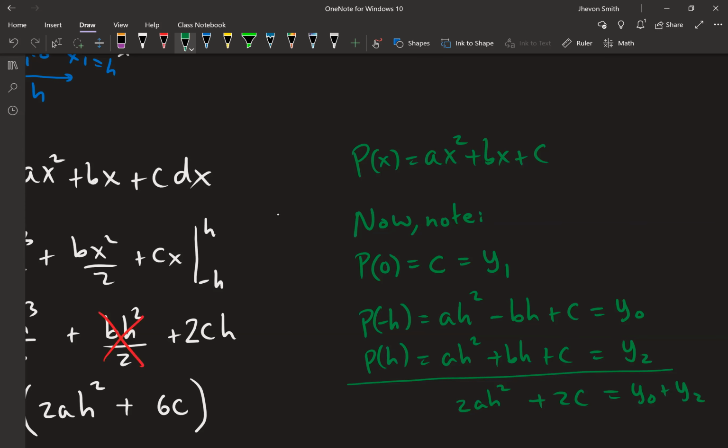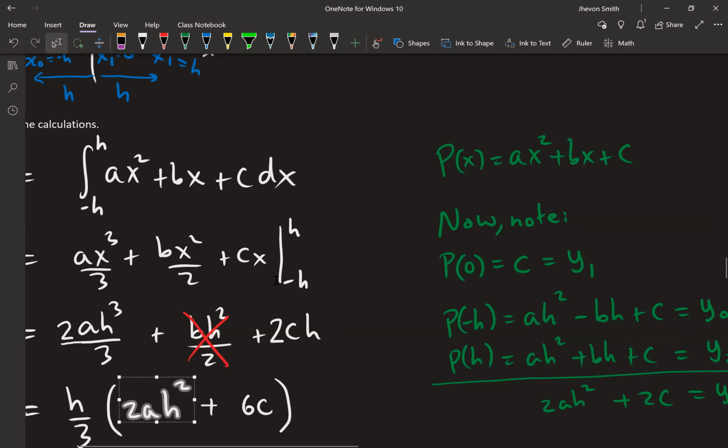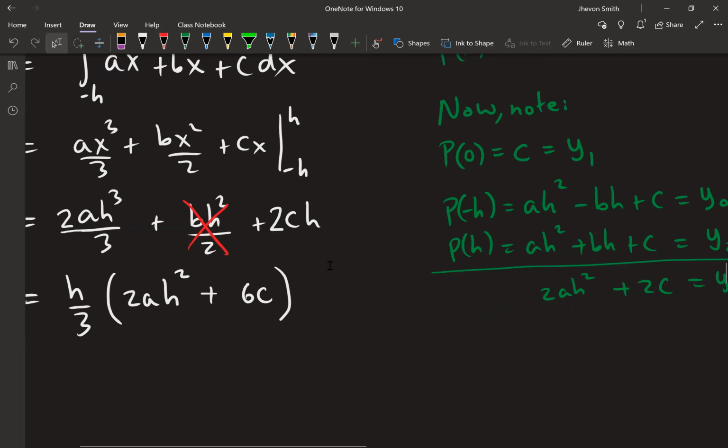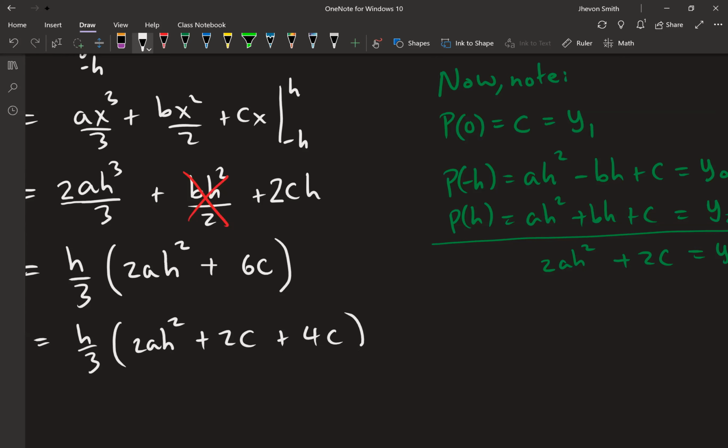So it turns out that these guys are going to actually be useful. And now you're seeing why this 2ah squared right here is going to be important. So now, here I have h over 3 times 2ah squared plus 2c plus 4c.